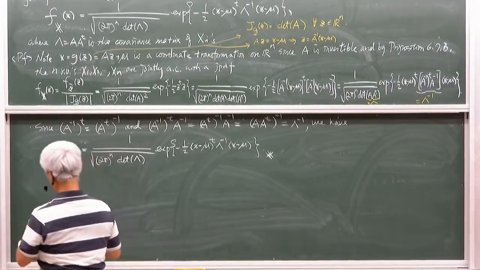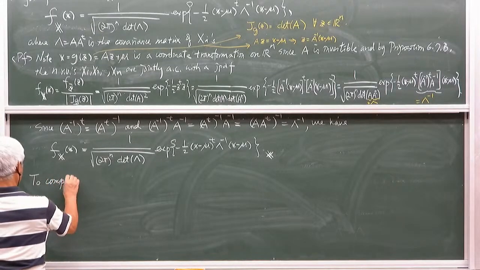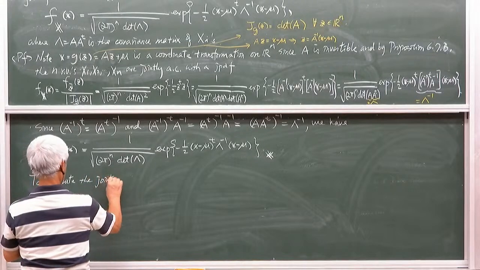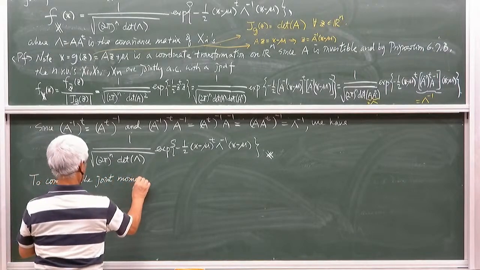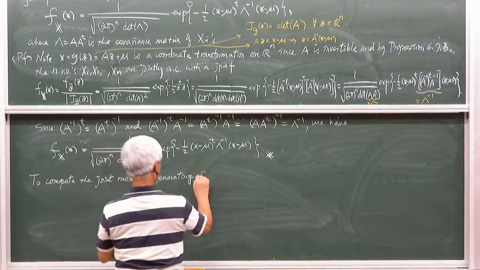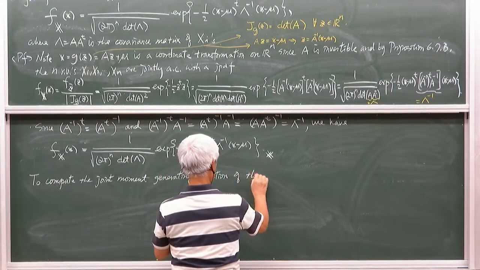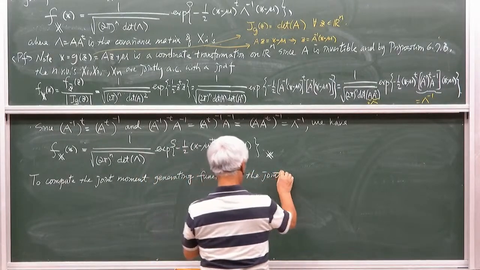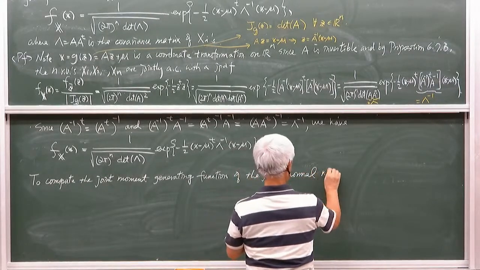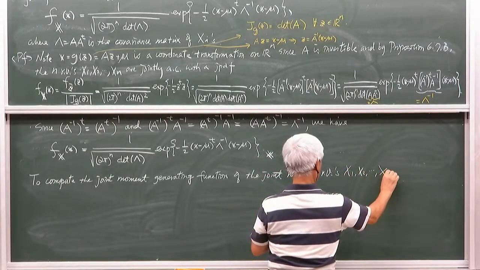Okay, right, and so we can compute the joint moment generating function of the joint normal random variables x1, x2 up to xm.